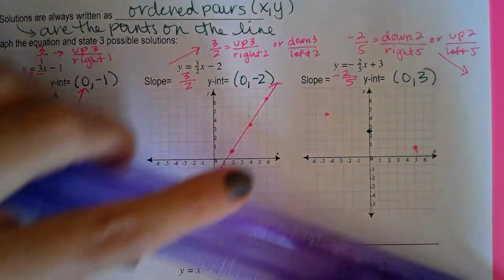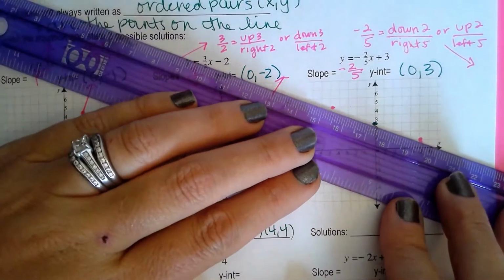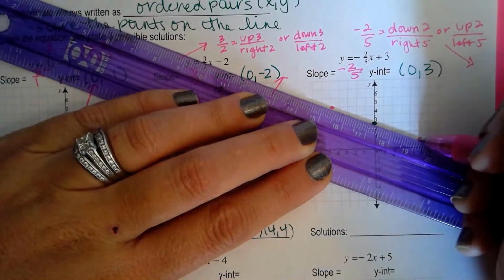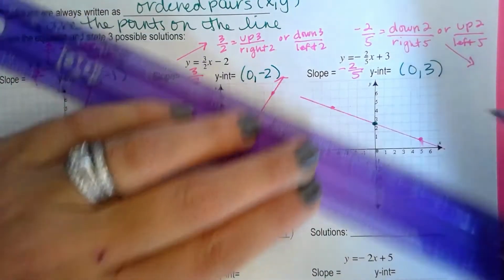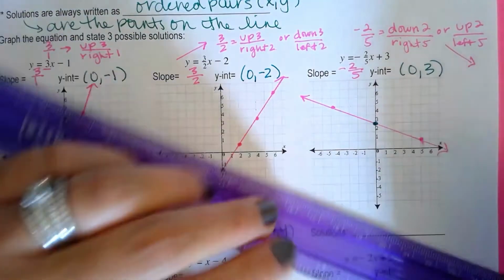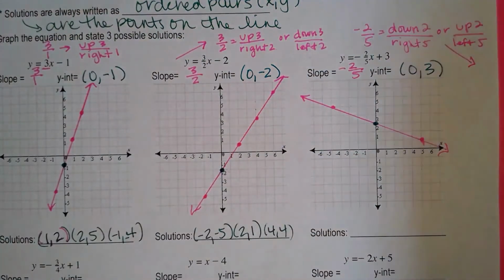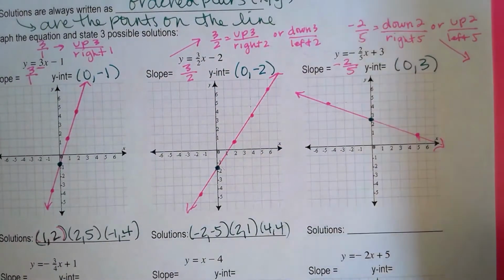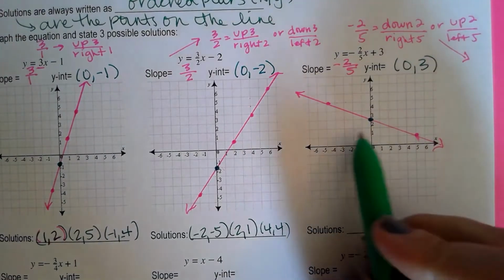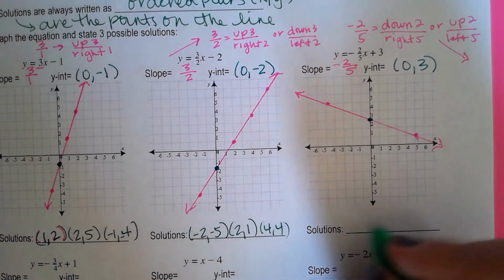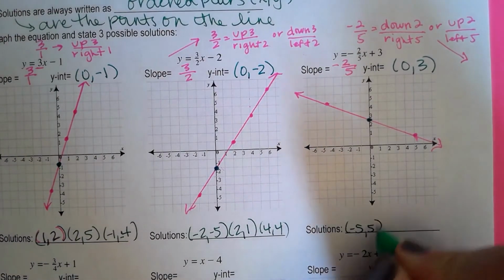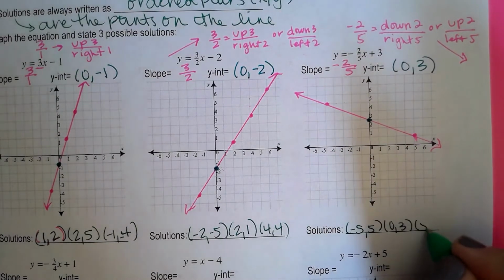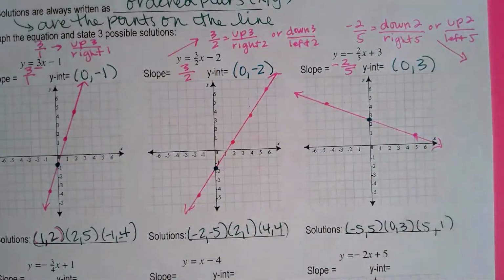And then when I put my ruler on, looks like it's decreasing from left to right. And I couldn't quite get a third right on the line, so I'm just going to have to use my y-intercept this time. So my ordered pairs are -5, 5, 0, 3, and 5, 1.